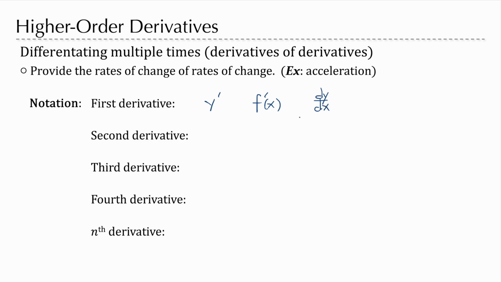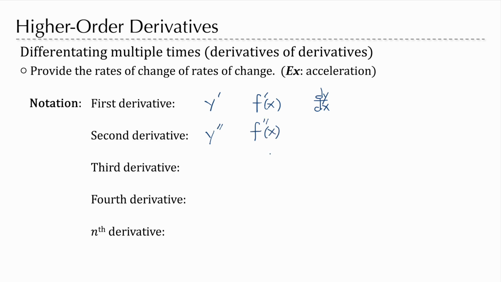Now again, so far, we've always been finding these first derivatives. That's why they've got the single primes and they look the way they do. But let's look at how this notation changes as it moves down so it can communicate to you what you're being asked to find. When I want to find the second derivative, we just add a prime to it. So for the first notation, it becomes y double prime or f double prime. And that again is telling us that we're trying to find the second derivative.